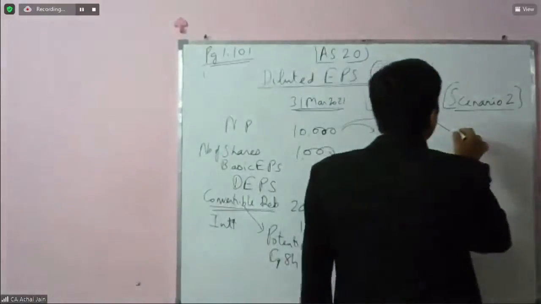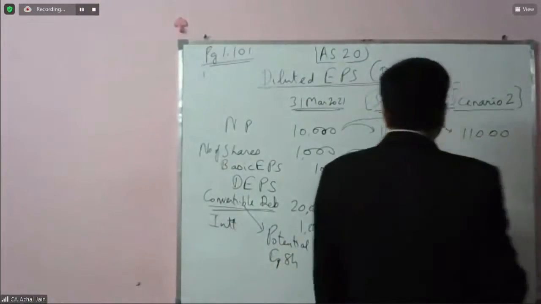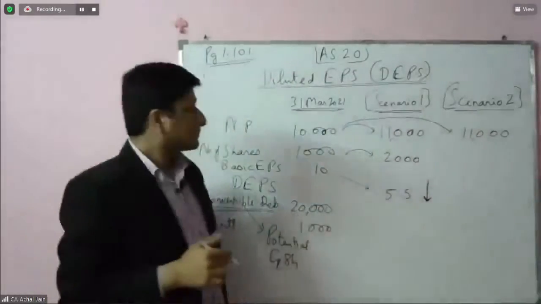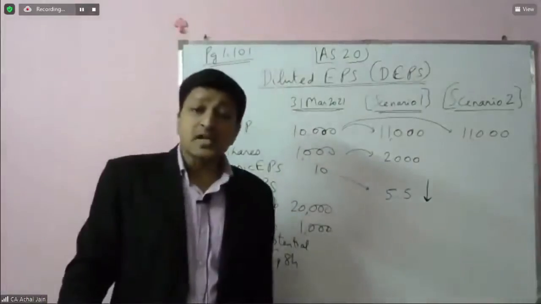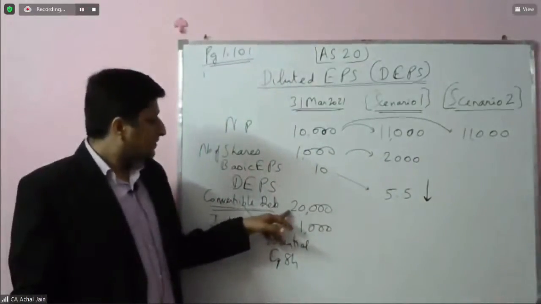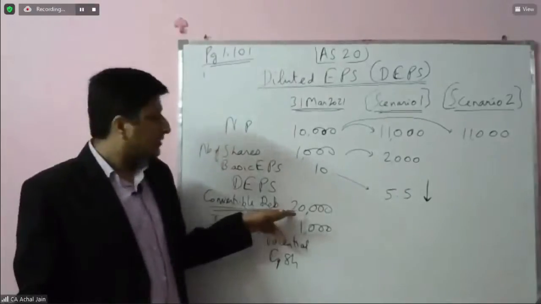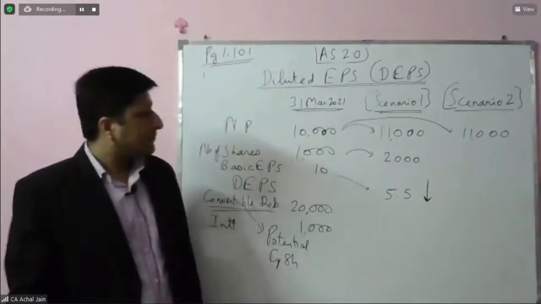So in this scenario, once again the profit becomes 11,000. But the terms are such that these debenture holders will get only 20 equity shares.